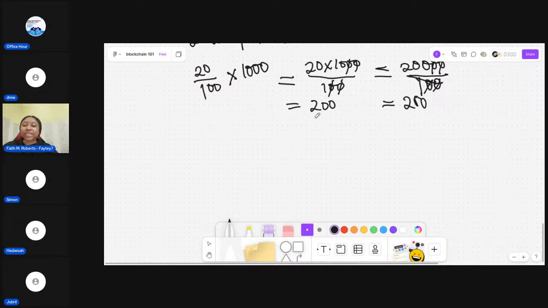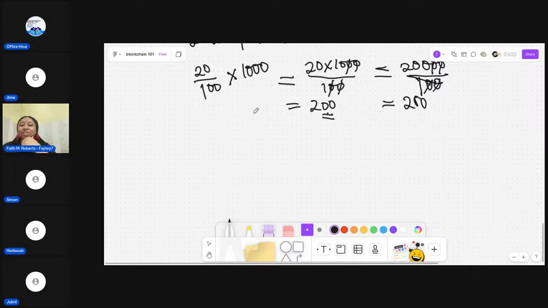So 200 was the token that was subtracted from the total supply at the end of the day. So for this, you have solved the equation by knowing how much was deducted was 200. Now for the mathematical equation, this is perfect.